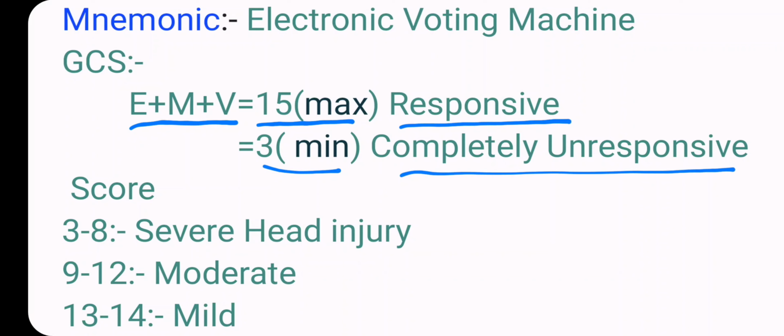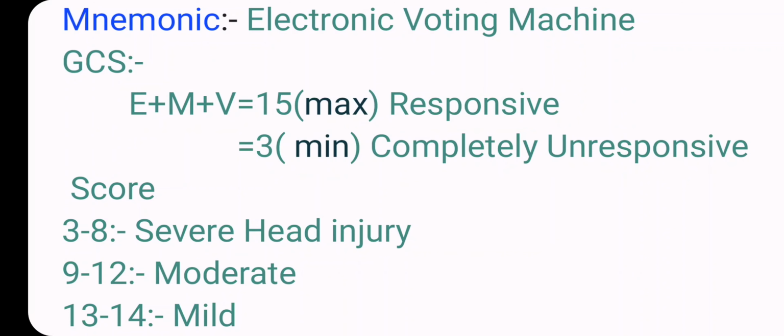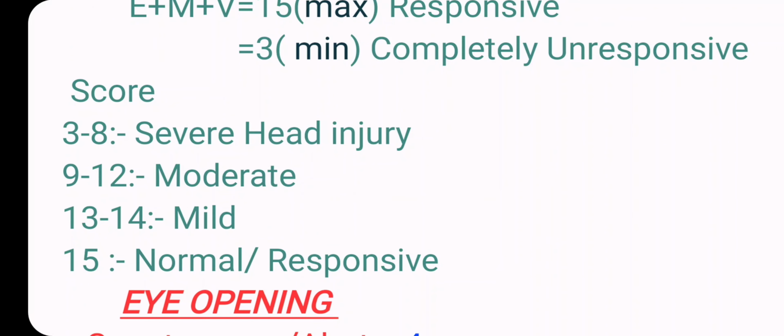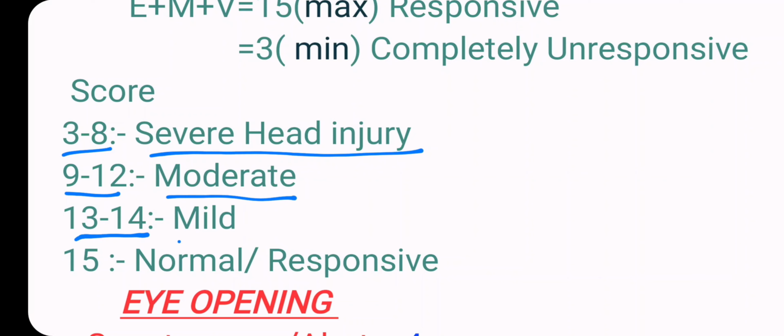If the score is 3 to 8, that means severe head injury, 9 to 12 indicates moderate head injury, 13 to 14 mild head injury, and 15 means normal or responsive.